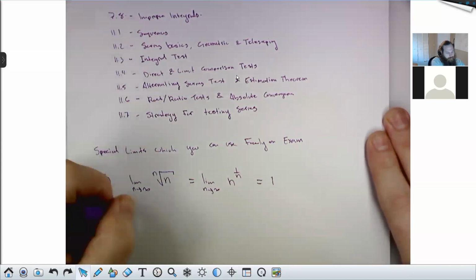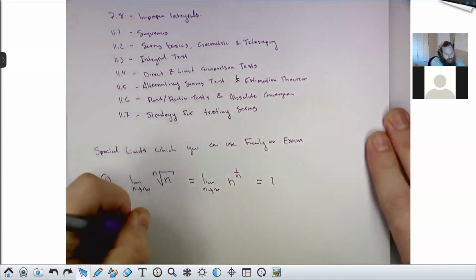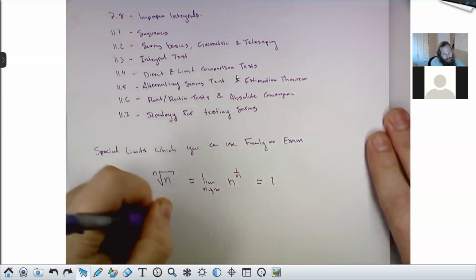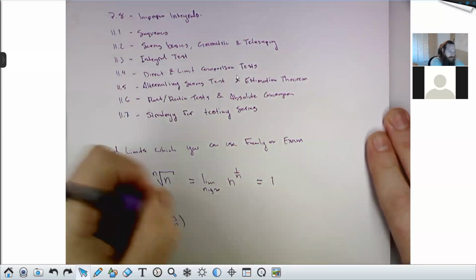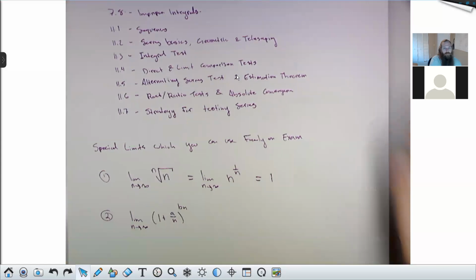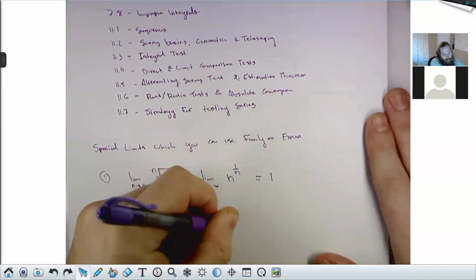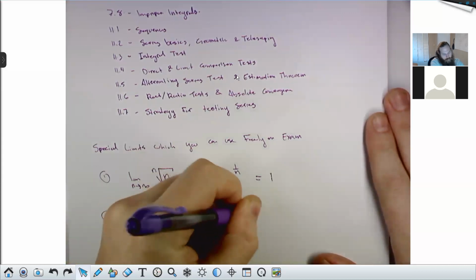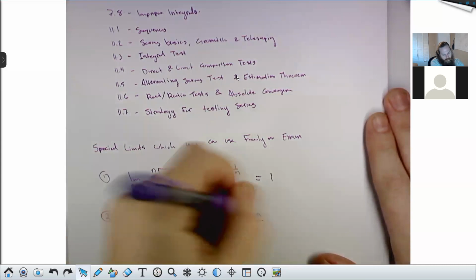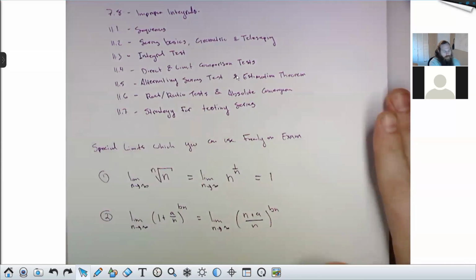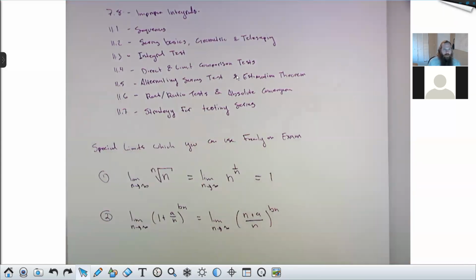The other special limit involves the number e. If you see something of this form, which is equivalent to like this, which is an indeterminate form of the type 1 to the infinity rather than infinity to the 0.